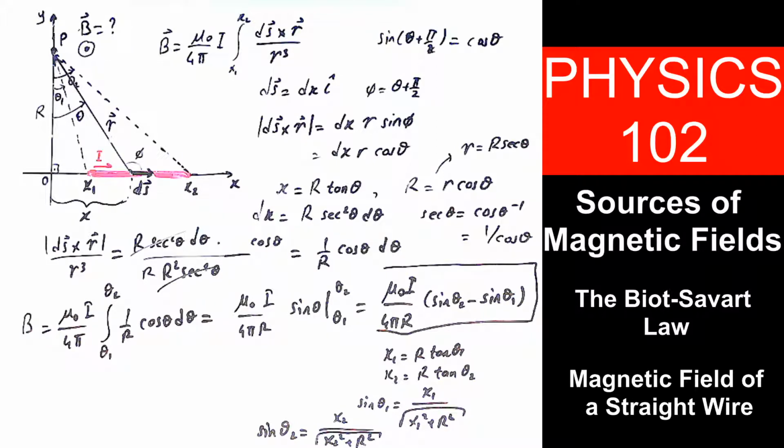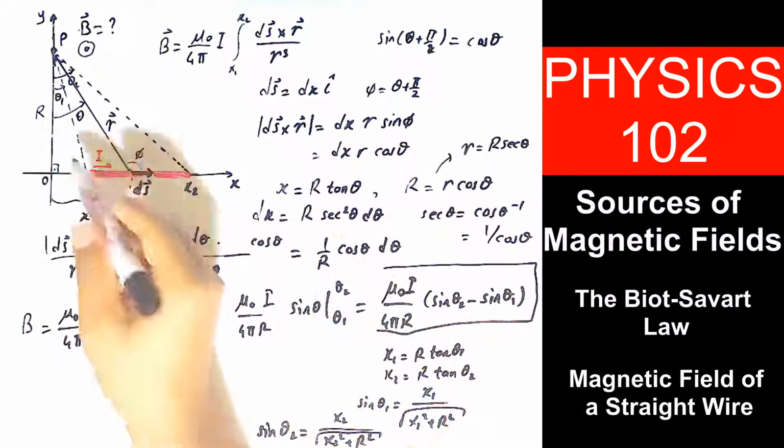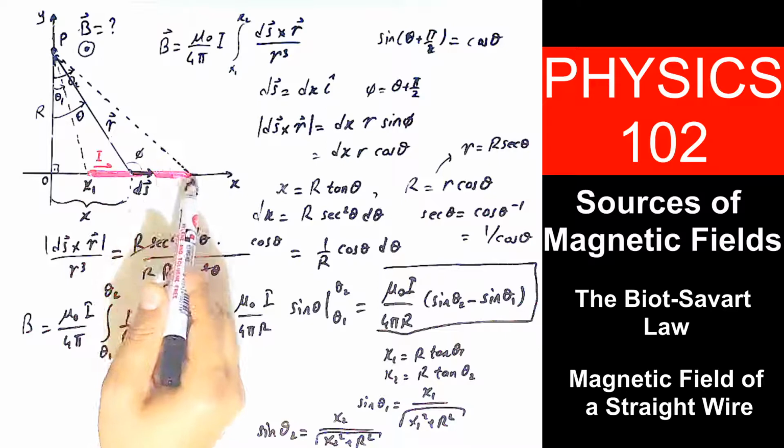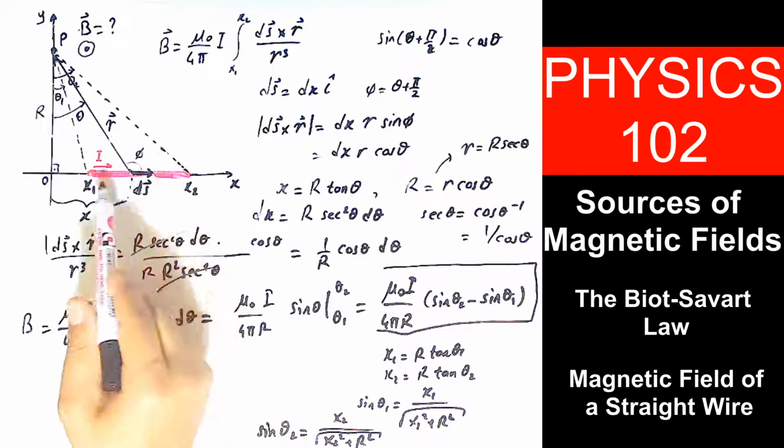So that's it. You can either express the result in terms of angles or in terms of the endpoint and starting point of a straight wire.